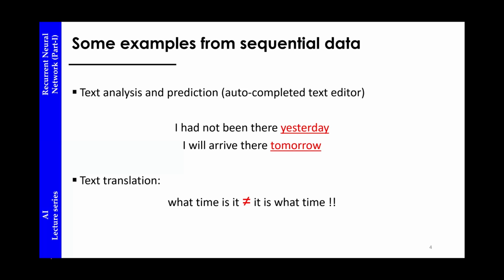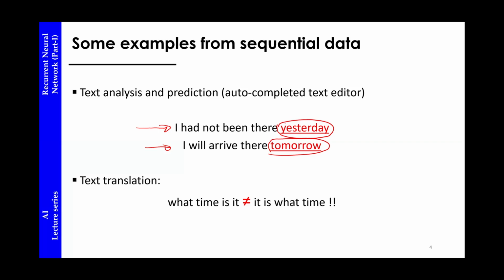In auto-complete text editors, if you write, for example, I had not been there, this adverb, yesterday, will be offered by the text editor. And if you write, I will arrive there, this adverb, tomorrow, will be offered by the text editor.